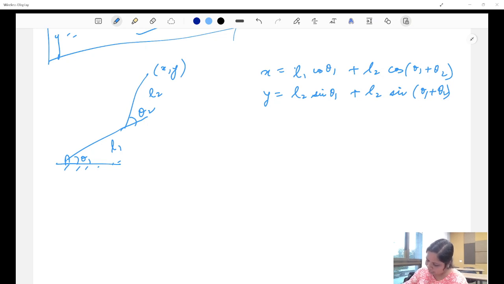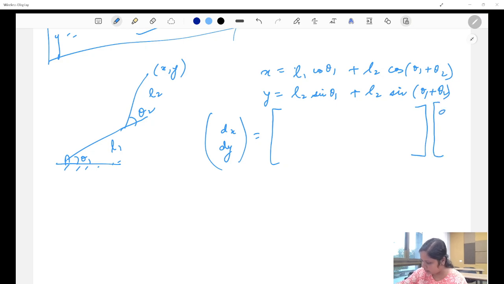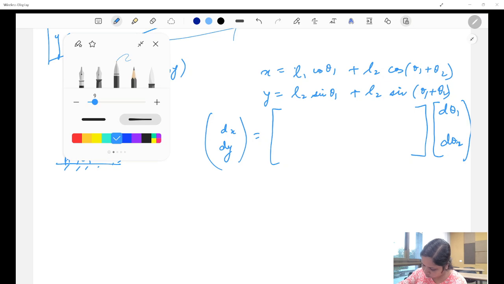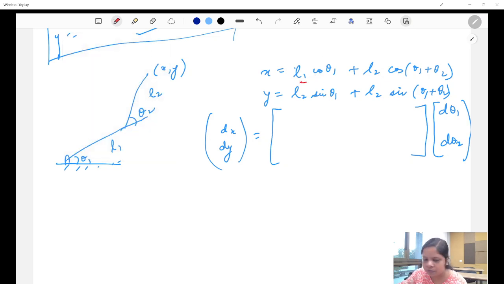All right. So for that we'll differentiate. Let's say I write dx and dy here, and here I want to find a matrix, and then I have d theta 1 and d theta 2. If you differentiate the first term with respect to theta 1, and then the second term with respect to theta 1, it would come here.